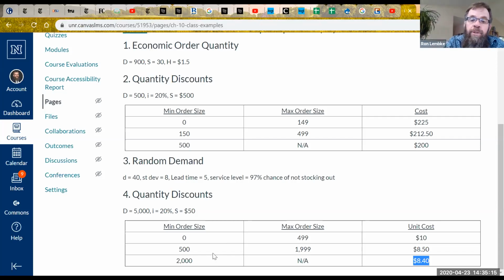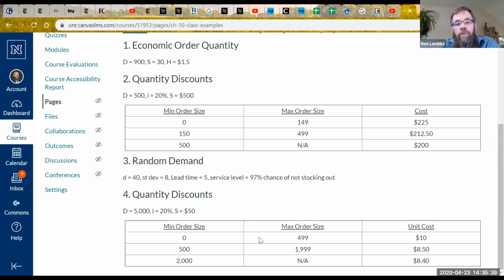So what we will do is look at the next cheapest price, the $8.50, and calculate the EOQ there. We're going to see that the EOQ for that is large enough that it falls in this range of 500 to 2,000.